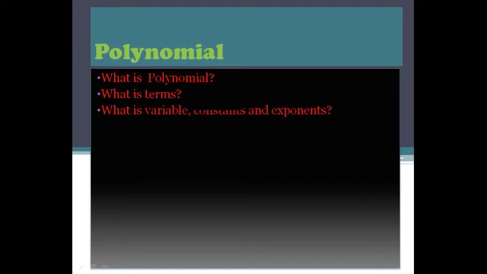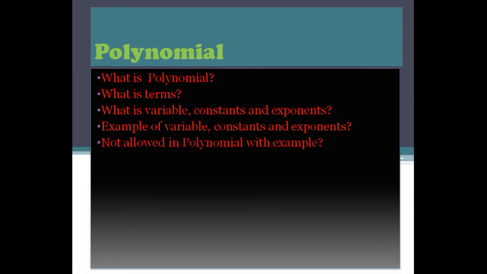First of all, I will put down all the points that are covered in this video for this topic, polynomial. First is, what is polynomial? What are terms? What is variable, constants and exponents? Examples of variable, constants and exponents.